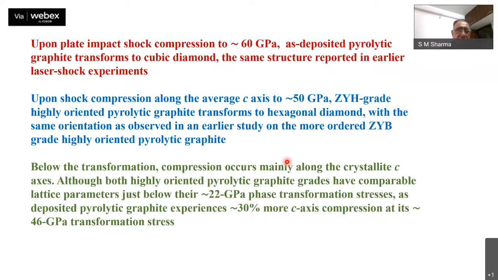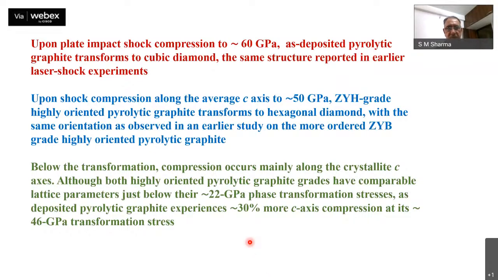So let me summarize these results quickly. Under plate impact experiments to about 60 GPa, as-deposited pyrolytic graphite transforms to cubic diamond, which probably reconciles the results seen in earlier laser shock experiments. And under shock compression along the C-axis to about 50 GPa, the highly oriented form of the graphite transforms to the hexagonal diamond.